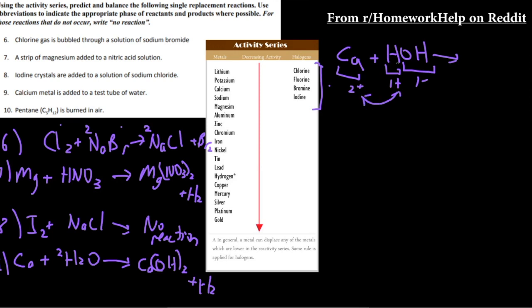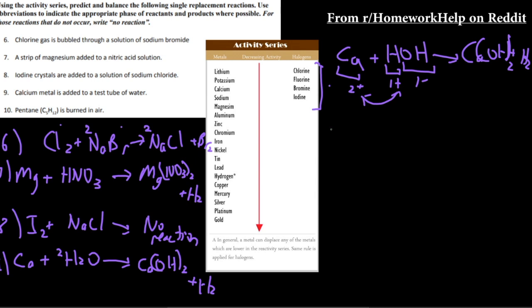Hydrogen is acting as a metal in this case, and that's why you get Ca(OH)2 plus H2. Once you create calcium hydroxide, that's how you get Ca bracket OH close bracket 2.